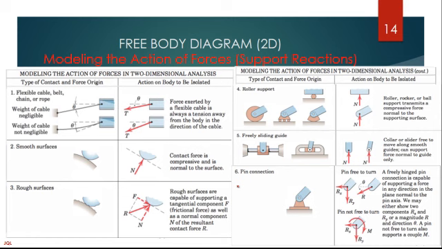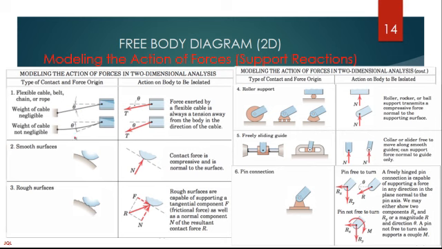So these are just examples of types of reactions. The first one is showing you a flexible cable. It can be a belt, a chain or rope. Then we have the first one, where the weight is negligible.